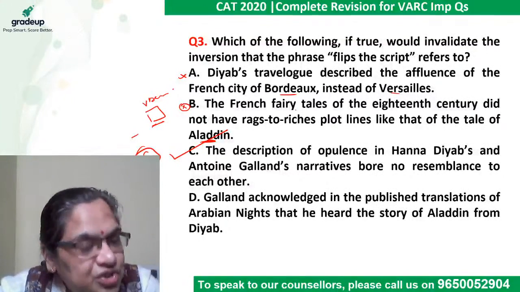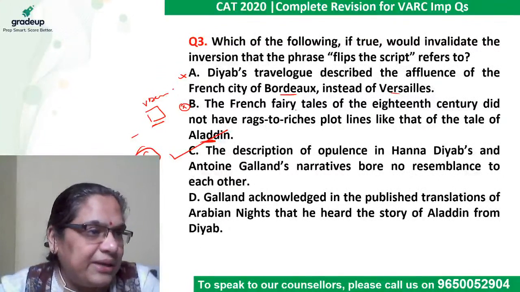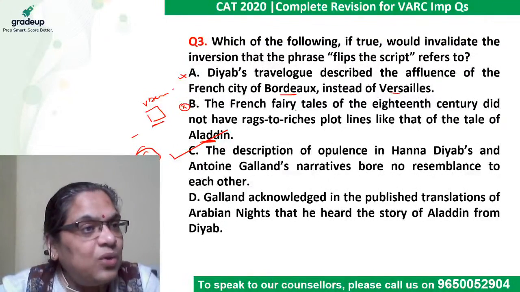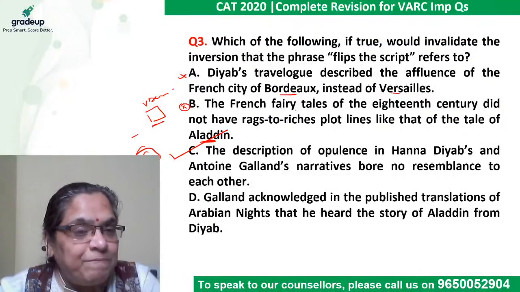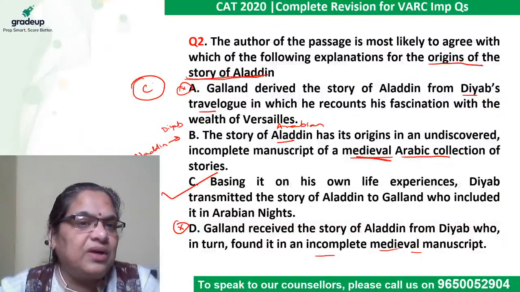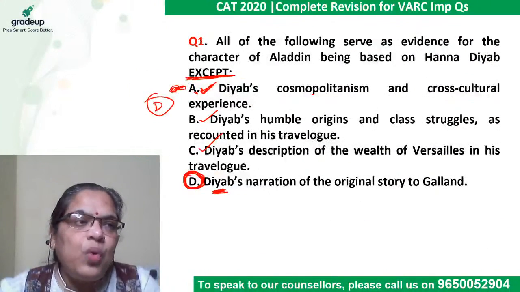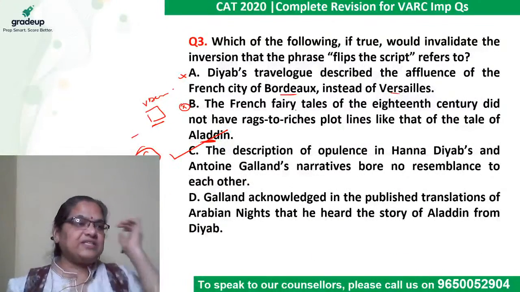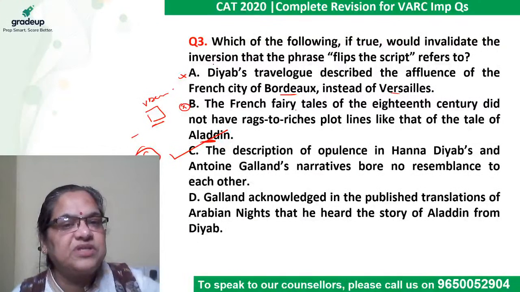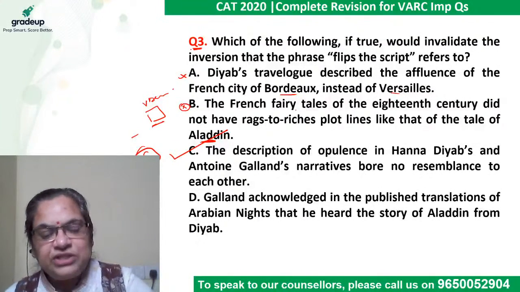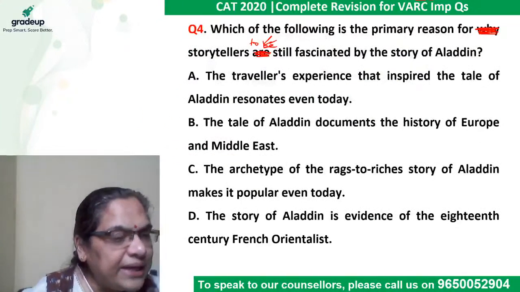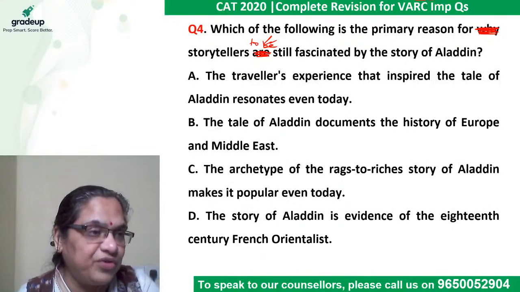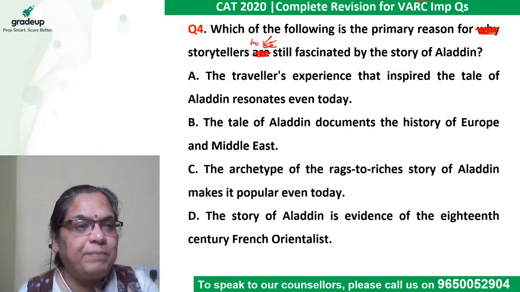Then at least try a few questions you can attempt, less than a minute per question. If you're not comfortable, then go, because you've spent time reading the passage. And not all questions were hard. See, 1 and 2, if you had read the passage properly, Monil, you could have answered. 3, yes, many students made a mistake and flipped the script. But generally, once you've read the passage, you can leave 1 or 2 questions which are hard, but at least attempt a few. And make sure you cross-check with the passage.